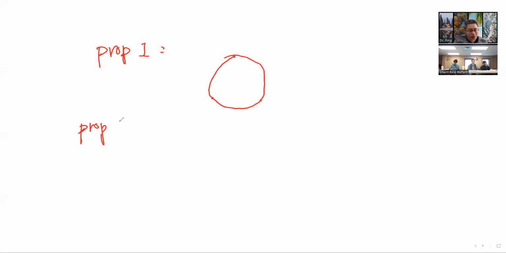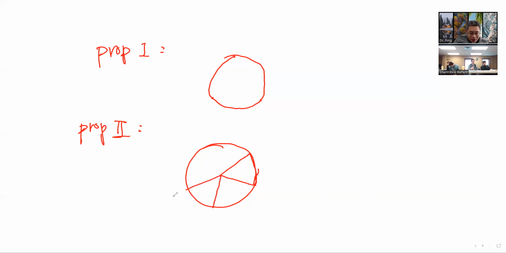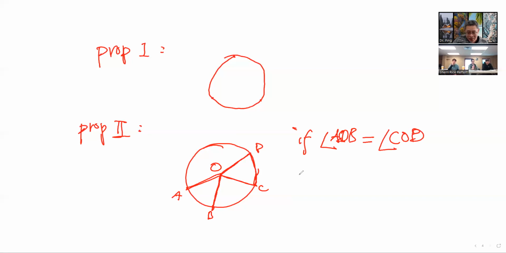And proposition 2 means that if you have a circle and you have the arc here, and another angle here, so this is A and B and C and D, and this is O. That means if the angle AOB is congruent to angle COD, then the arcs are equivalent. So the arc AB is congruent to arc CD.